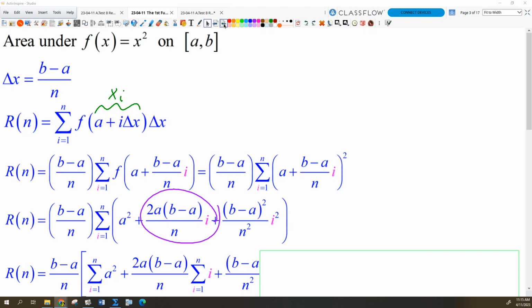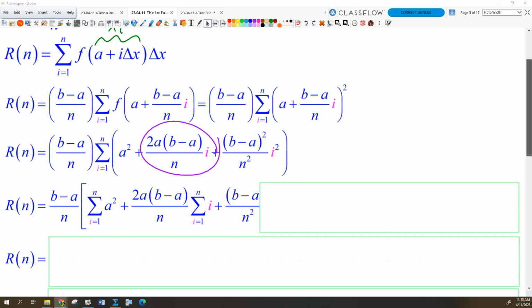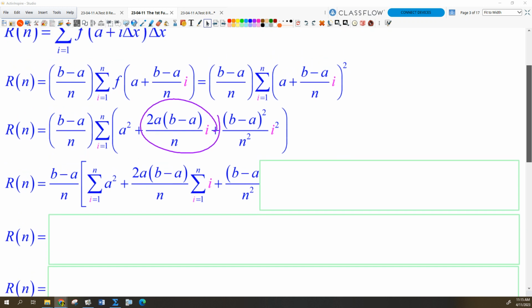Delta x is b minus a over n, so we plug that in. f of x is x squared, so then we can transition from here, f of that is just equal to that squared. We expanded that out and we started to get something that looked messier, but it started to look like something that we could maybe do something with a little bit, right?